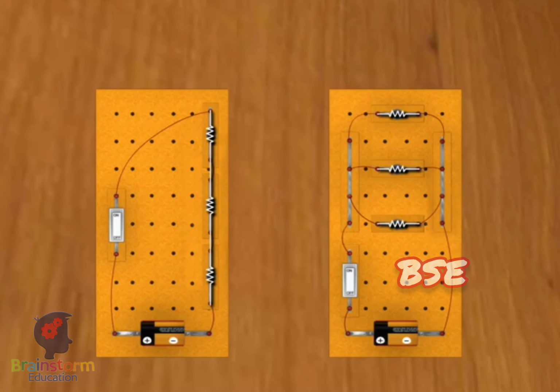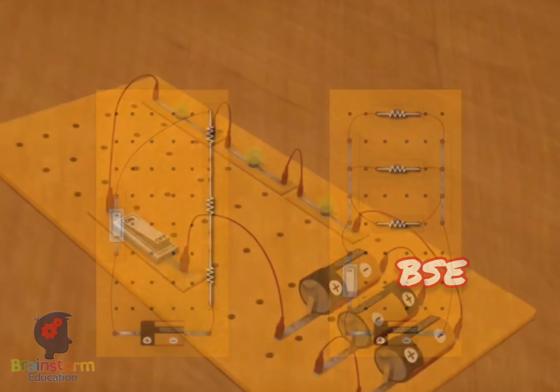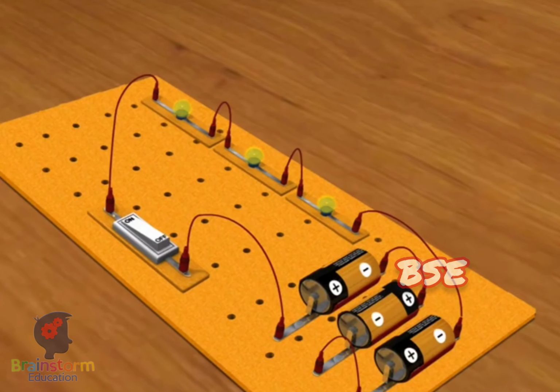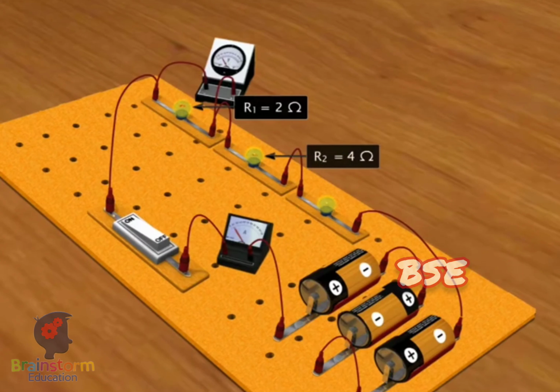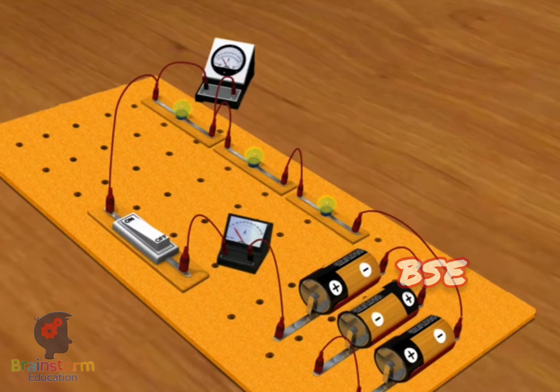To understand the flow of current through these resistors better, let us connect a voltmeter and an ammeter. Let us take the values of R1, R2 and R3 as 2, 4 and 6 ohms respectively. The potential difference across the first resistor will be V1. Similarly, the potential differences across the other resistors will be V2 and V3.